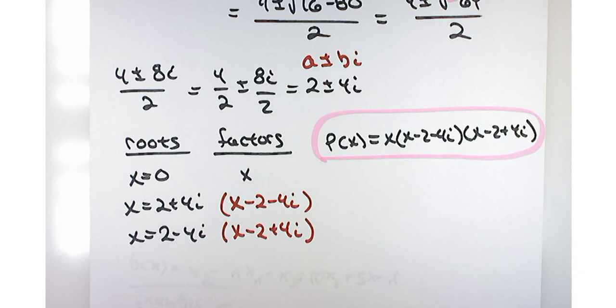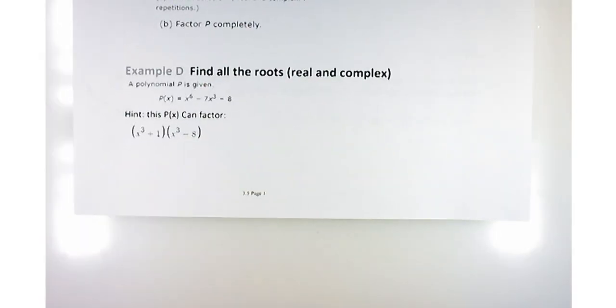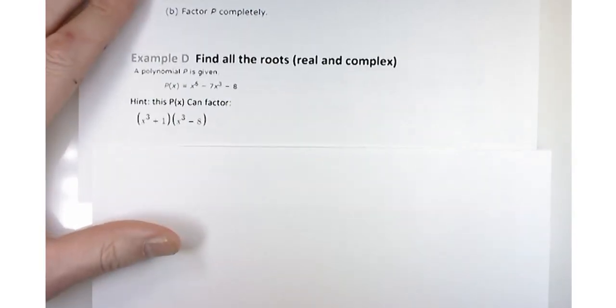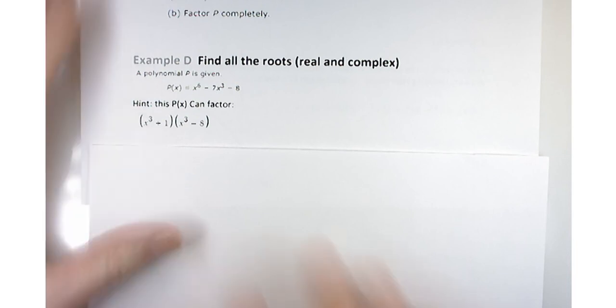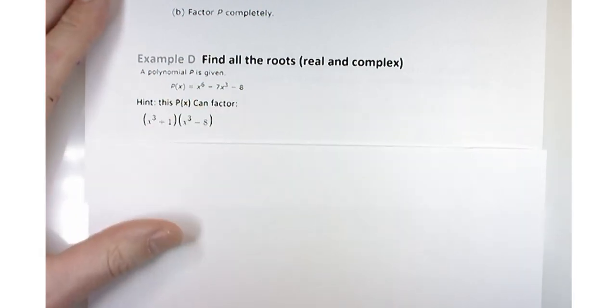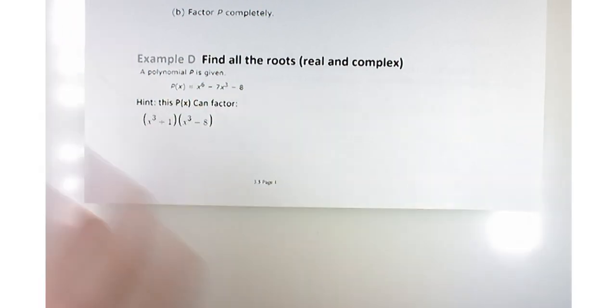But let's see what some of the other things that you can run into would be. So, for instance, example D is another example, and sometimes when I choose these things, I try and choose problems that set you up for the homework. And this one in particular is one that we got to work on with respect to the homework. So what's going on with this?